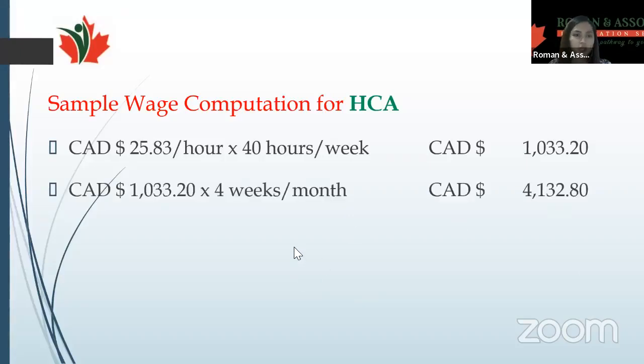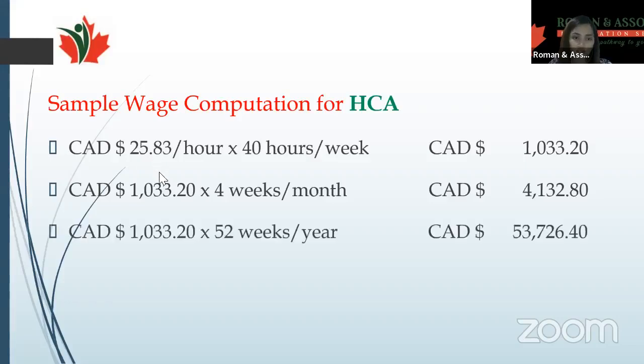So this is our sample wage computation for the healthcare assistant program. On the previous slide, I presented that the hourly rate is 25.83 Canadian dollars. Given that you are required to work 40 hours per week, after 1 week you will be earning 1,033.20 Canadian dollars.